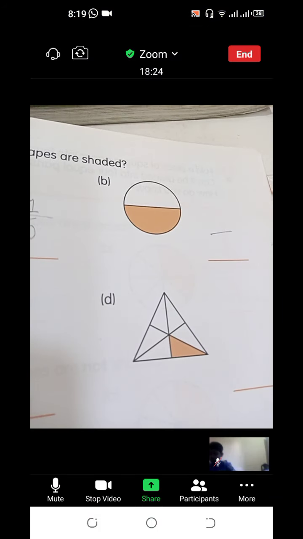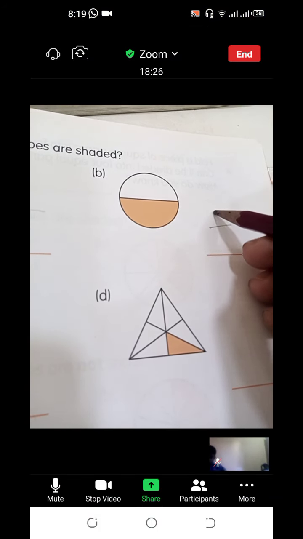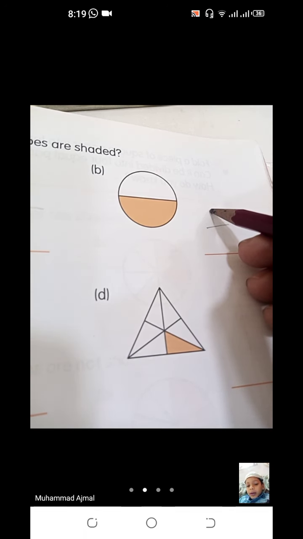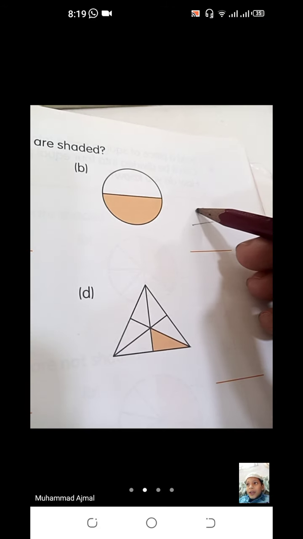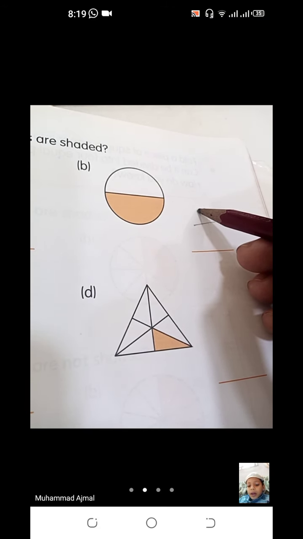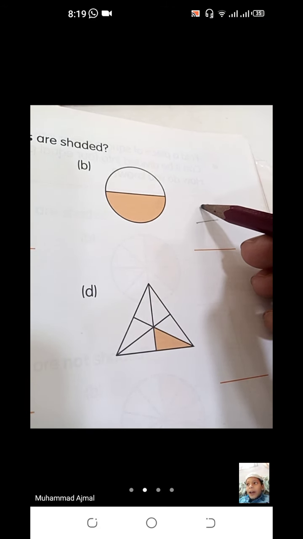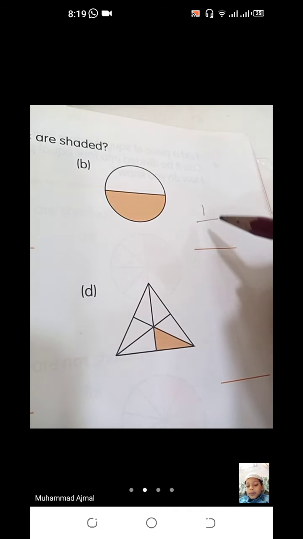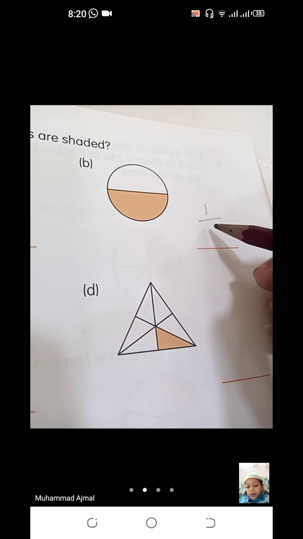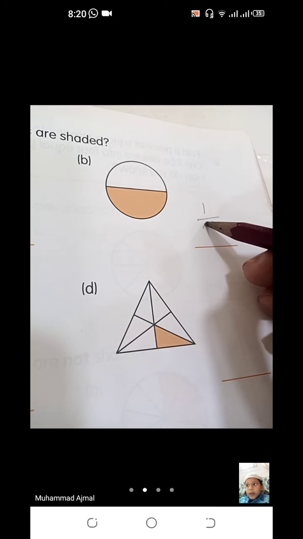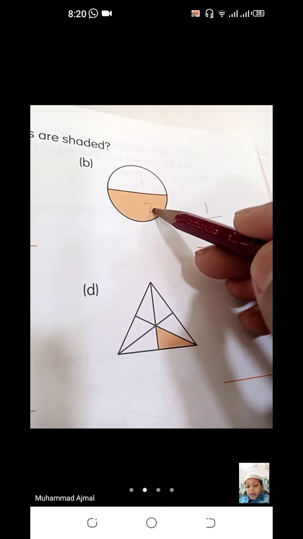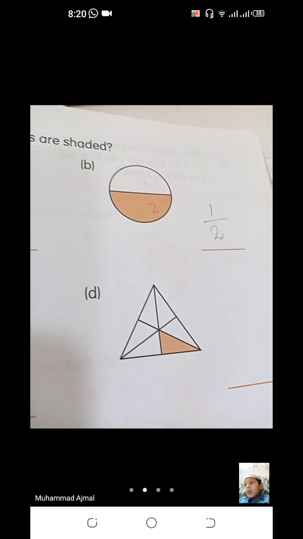What will we write here? The numerator is 1 and the denominator is 2. There are two parts. 1, 2, 2 total parts. So we write 1 over 2 here.